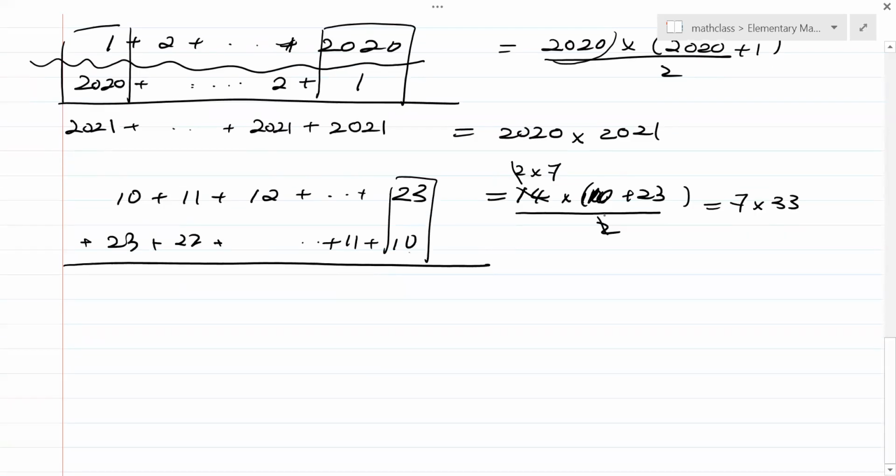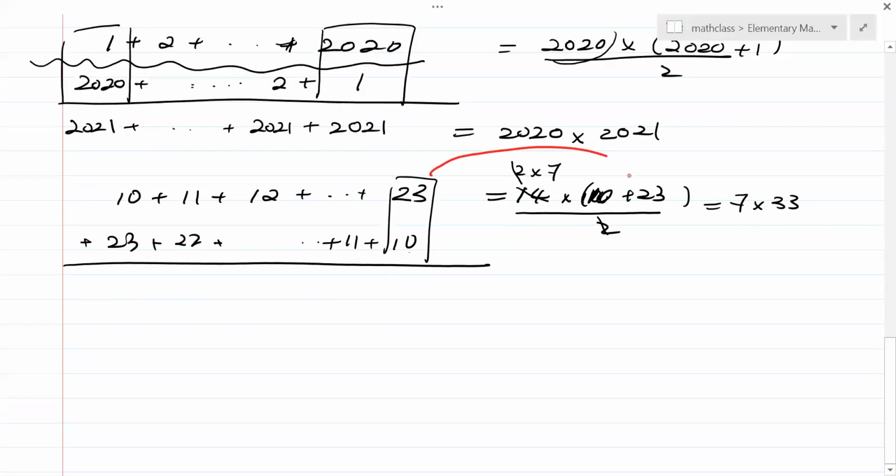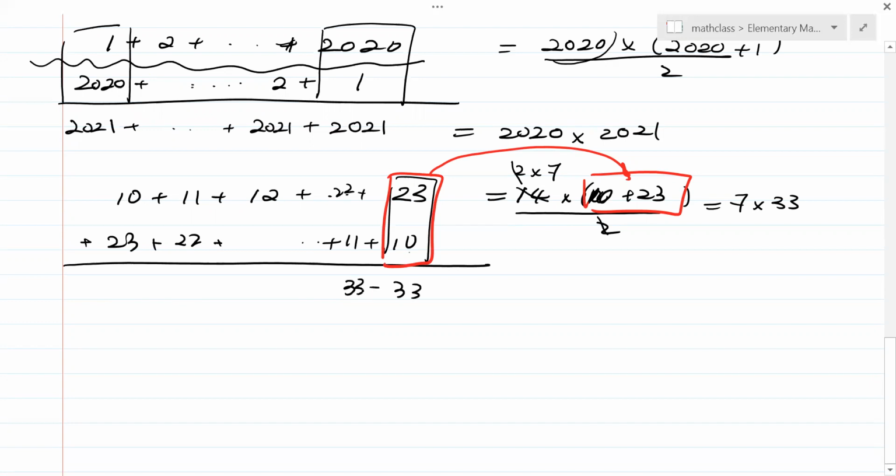Like 23 plus 10 is 33, and the same here: 22 plus 11 is 33, and here 10 plus 23 is 33.